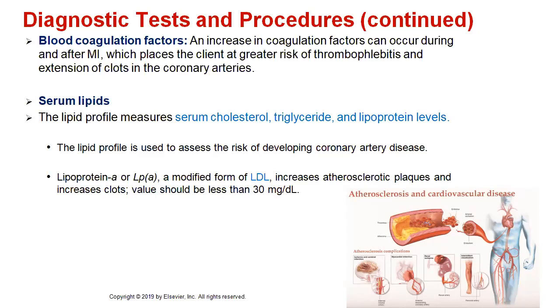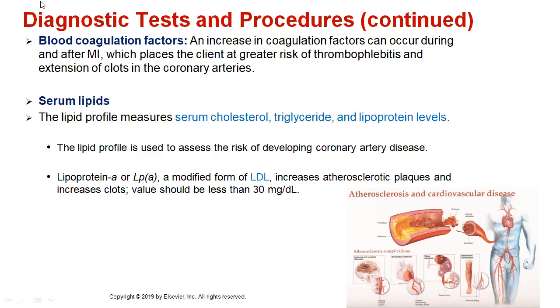At least we have to know for the NCLEX board the risk factors for angina or myocardial infarction, like male gender, postmenopausal women, hypertension, smoking, hyperlipidemia, diabetes, stress, inactivity. All are risk factors for developing angina.